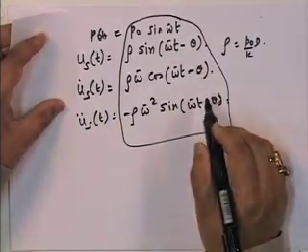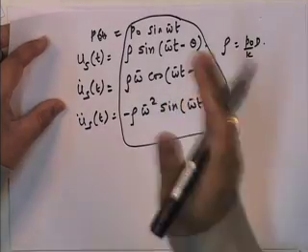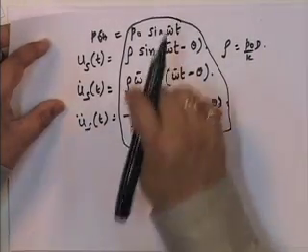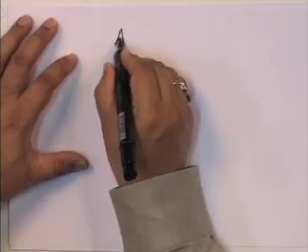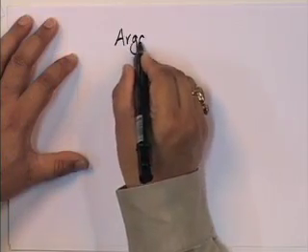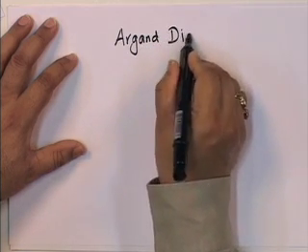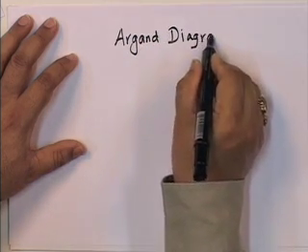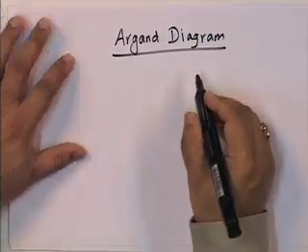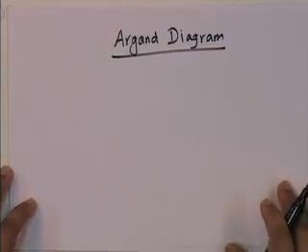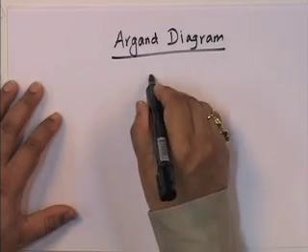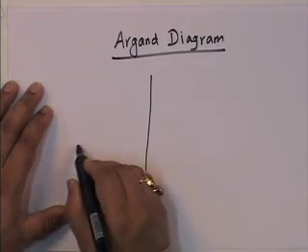The component on the real axis is what represents all these terms. Let me now draw this, and what I am drawing now is known as the Argand diagram. And how does the Argand diagram look? Let us just plot it.